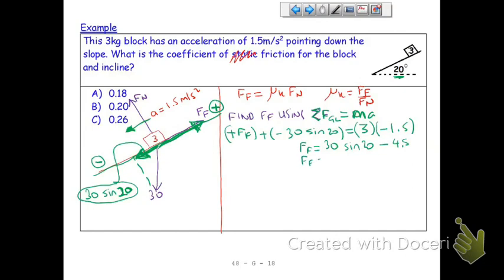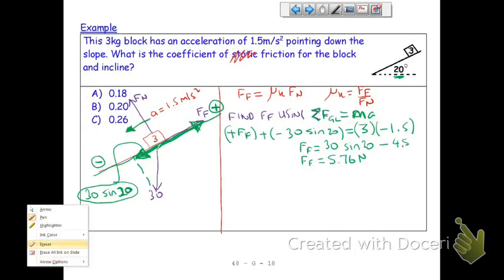So Ff is equal to, how am I doing for time? Ooh, gotta go. 30 sine 20 is going to be 10.26 minus 4.5 is equal to 5.76.